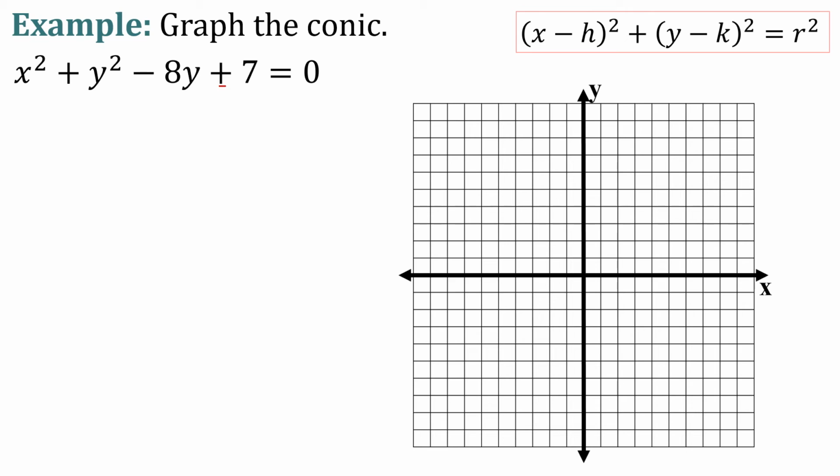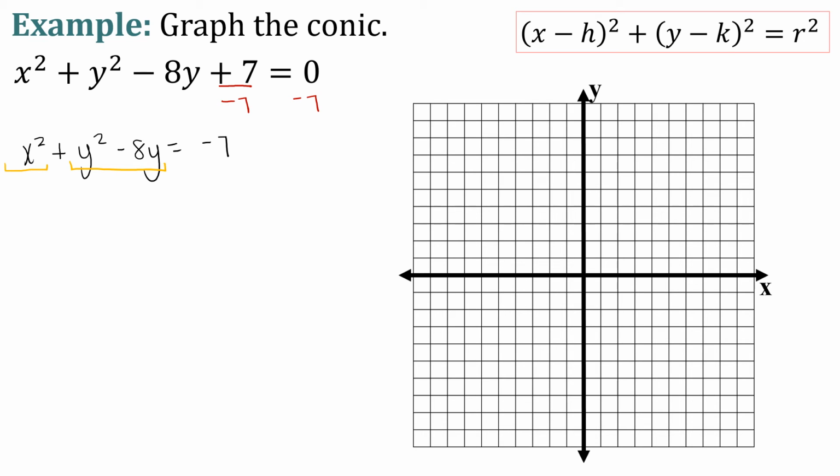Remember, we have to set it equal to our constant. So the first thing I'm going to do is move this 7 to the other side. So I have x squared plus y squared minus 8y equals negative 7. Now, in your mind, you need to group your x's together and your y's together.